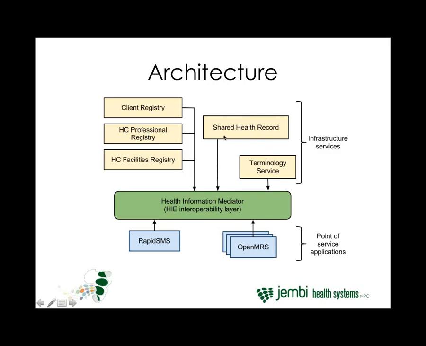It's also important to note that every piece of information stored in the shared health record is directly mapped to a standardized terminology unless there is a defined exception from the ministry where they've created their own set of terminologies to map the data against.